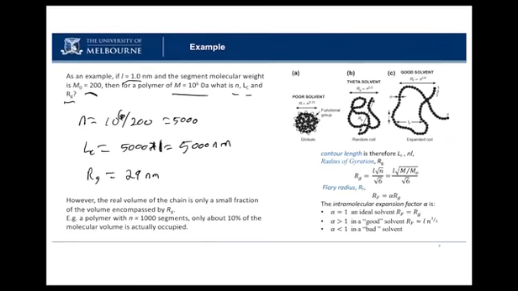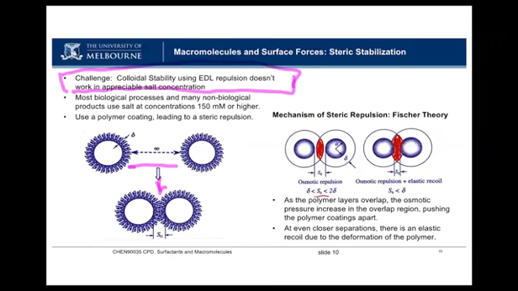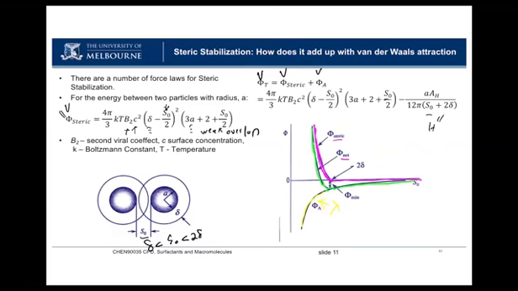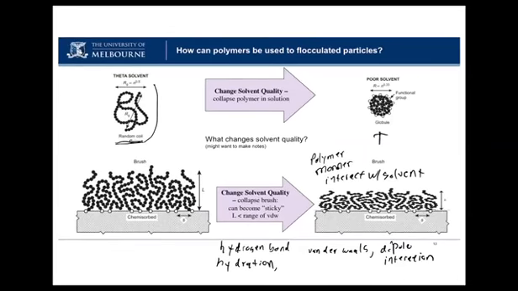So polyethylene oxide has C2H4 and an oxygen group, and that's its monomer that it repeats. Well, here, water, H2O, will actually want to interact with that oxygen group. And so you can get hydration or hydrogen bonding. And so polyethylene oxide is actually quite happy in water.